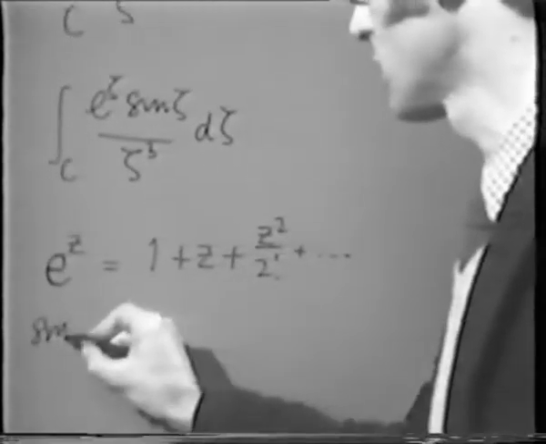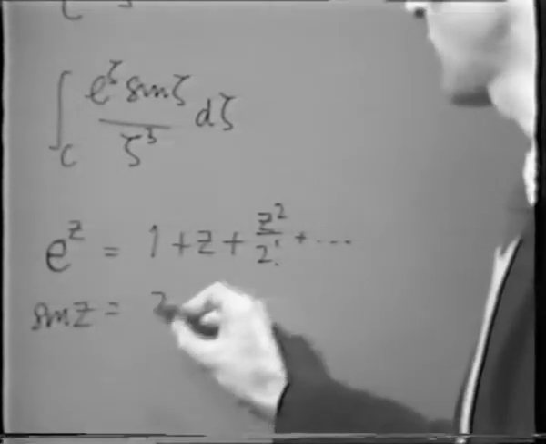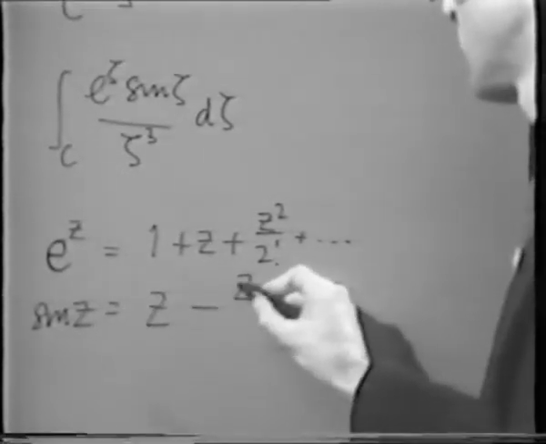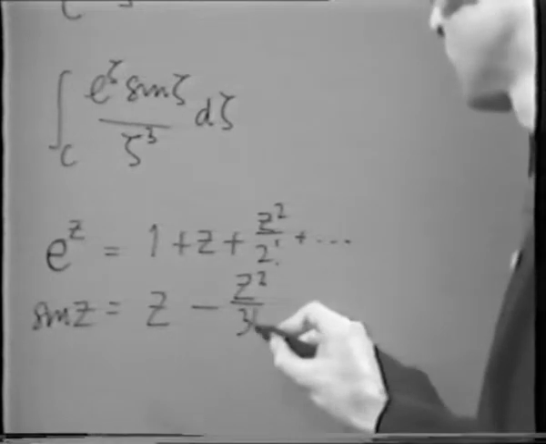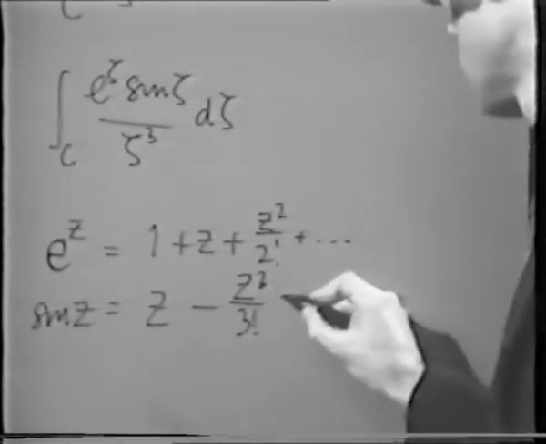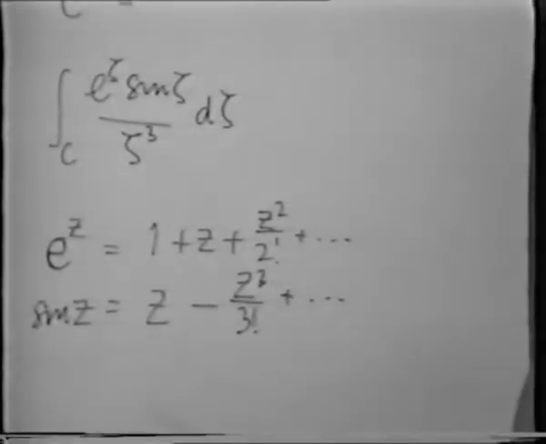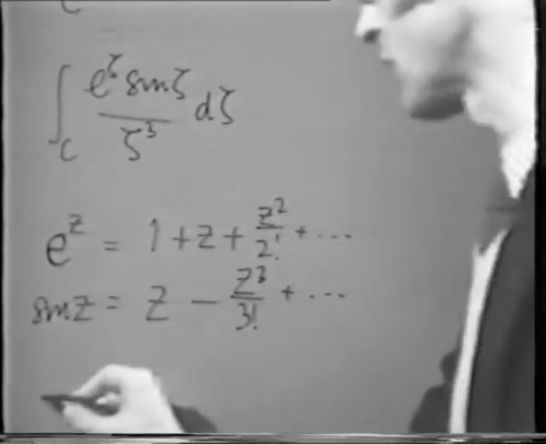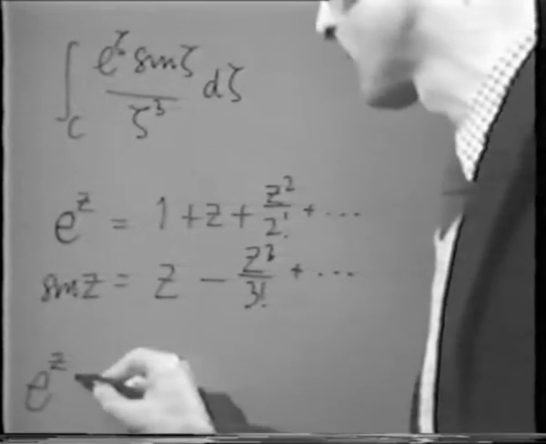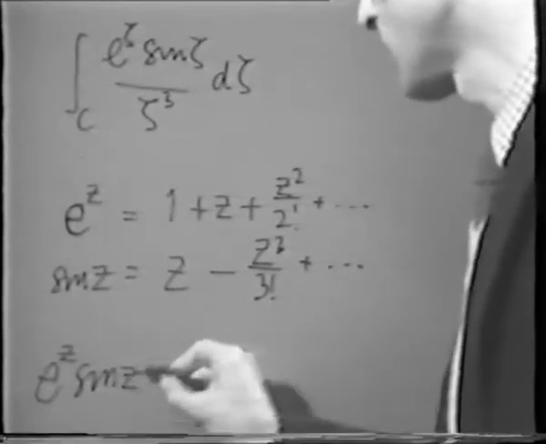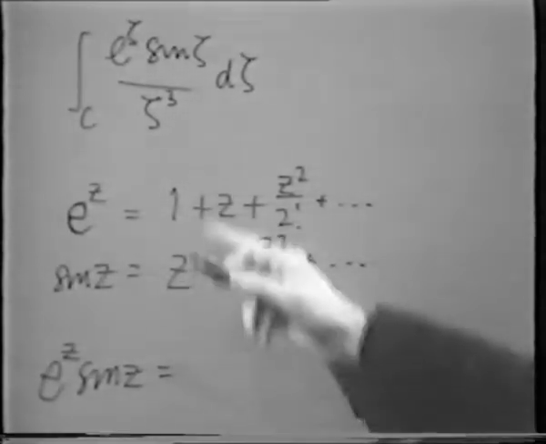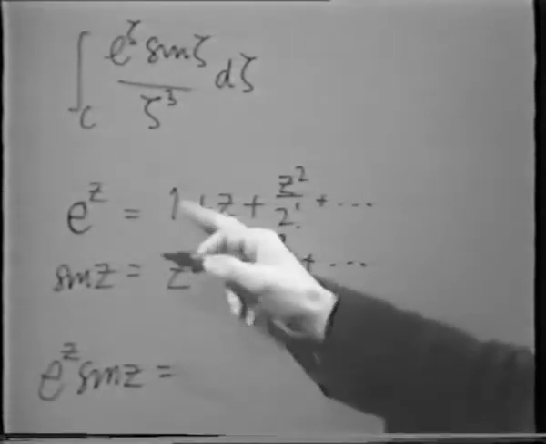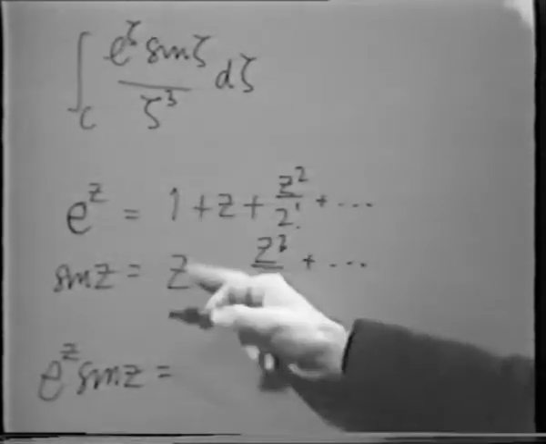Sine z is z minus z cubed over 3 factorial. Sorry, rather a rough 3 there. To find the Taylor expansion for e to the z sine z, multiply the two power series together. Well, I only need to multiply out a few terms. First term, there's no constant. The first term I get by multiplying those two together.